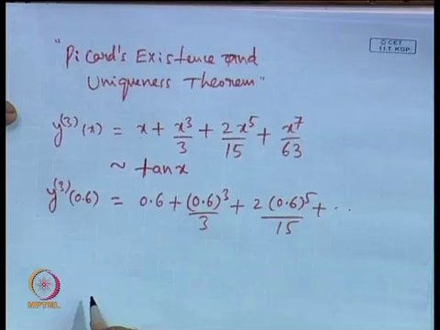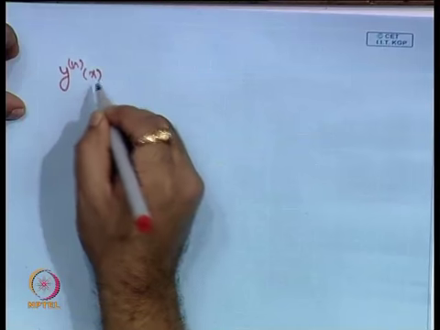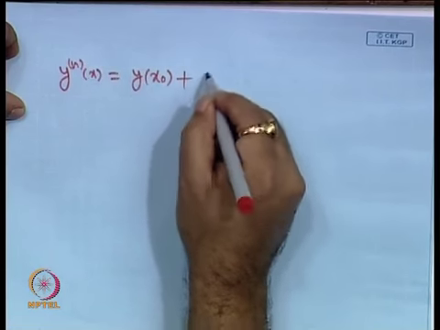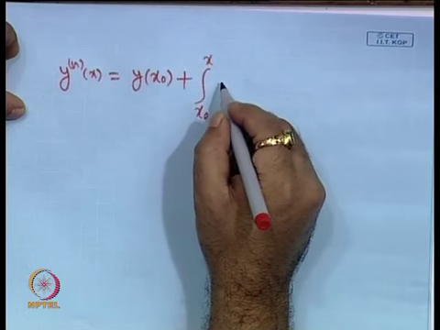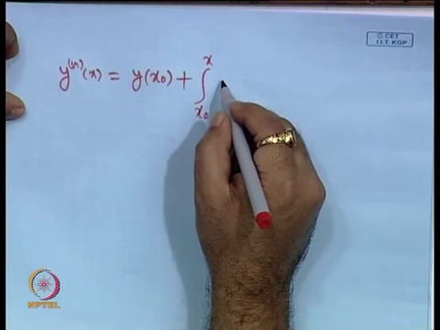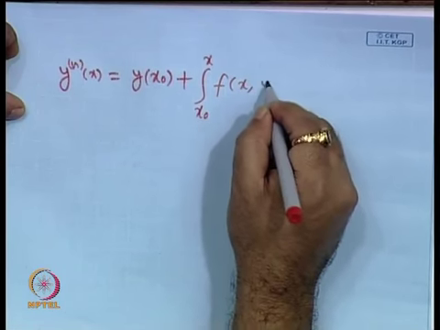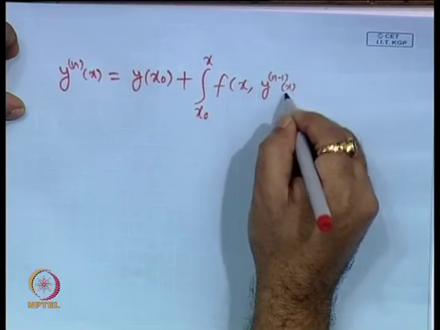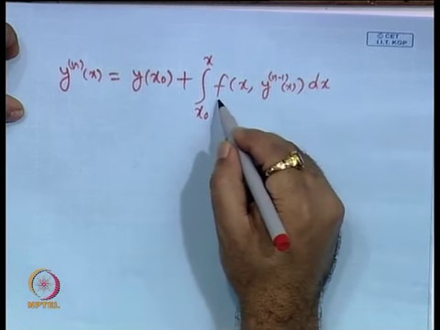So, now are we in a position to define a general process? Yes, of course, we are in a position to define the general process. Remember, this term is always y of x 0. Okay. So, this is any f of x y if you consider. So what is this?